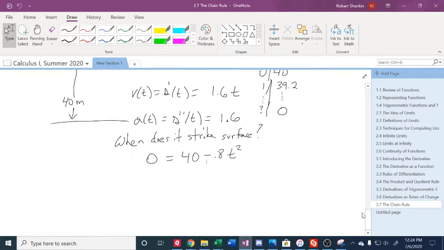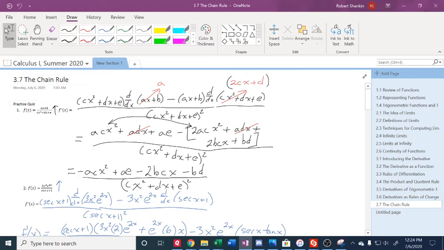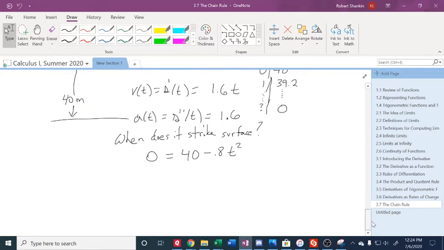All right, let's go to 3.7, the chain rule. And this is an extremely important section.